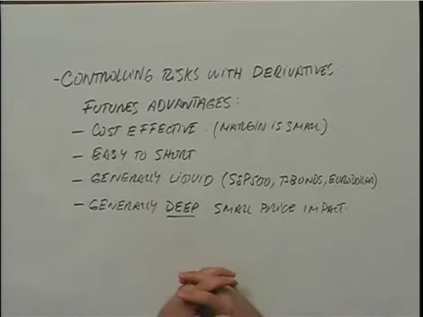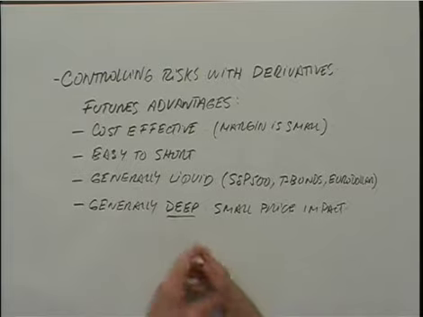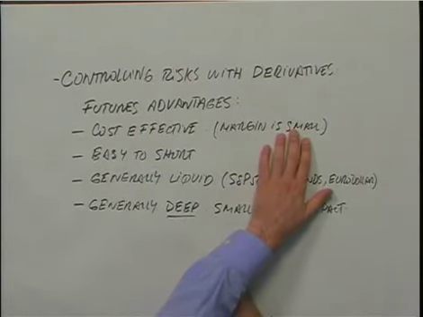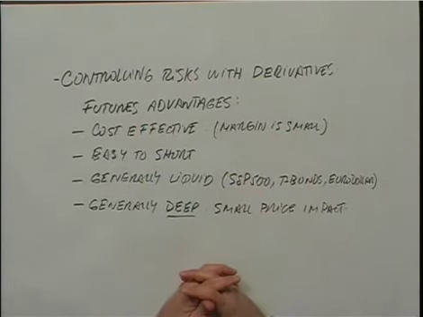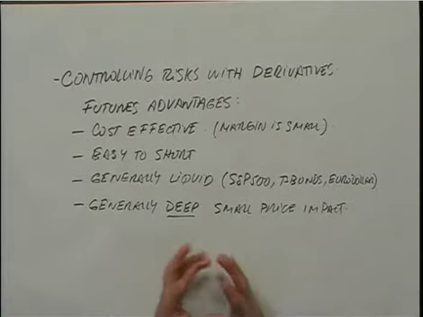One, managing risks using futures is extremely cost-effective, and an example of that is the fact that with a futures contract you control large notional amounts with very little money. That is, very small amounts of margin that range between 2 and 10% of the value of the contract.